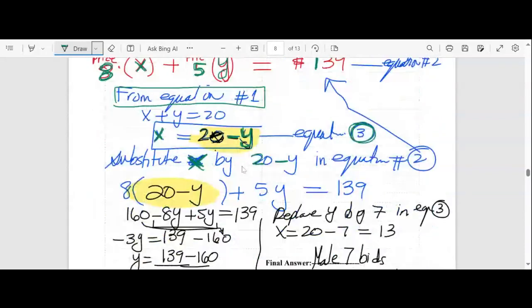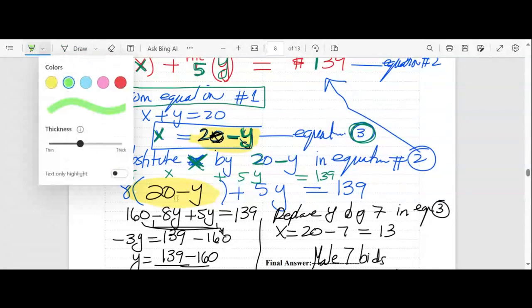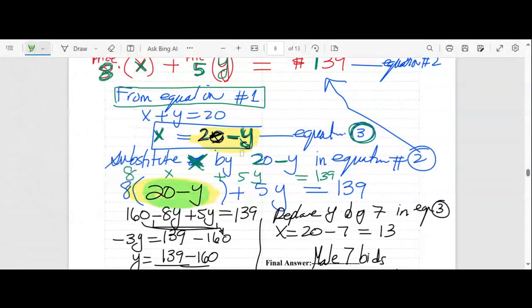What's equation 2? It's 8X plus 5Y equals 139. As you can see here, I replace X by 20 minus Y, which is coming from here. Now everything is Y, right?